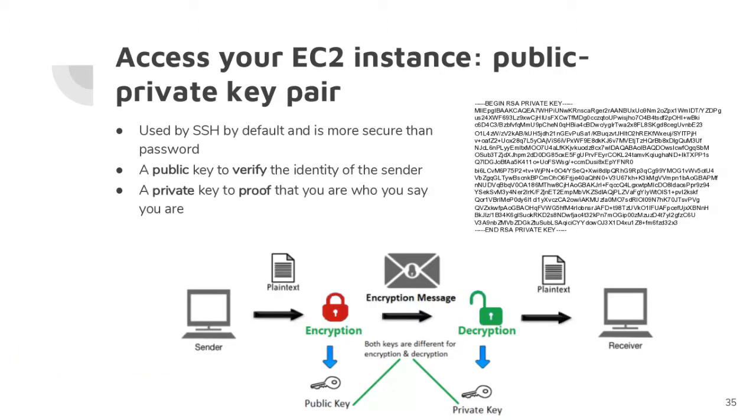And how does it work? So that's the question on encryption. With SSH, by default, you use a public-private key pair. You use that because it's much more secure than a password. A password typically has a limit of 10 characters or something, so it's not that secure. Here in the slide, you see an example of a private key. This is a very large string.